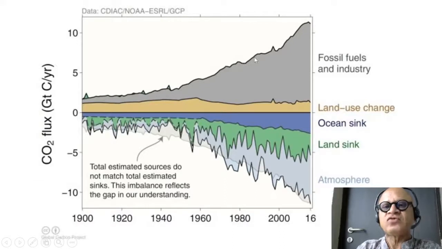The fossil fuels are a very valuable commodity, so there is a very accurate tracking of the production of coal, gas, oil, and so on. And you have a good estimate of how much carbon they are emitting. So there is the CO2 flux in gigaton carbon per year, starting in 1900, coming up to 2016 or so.